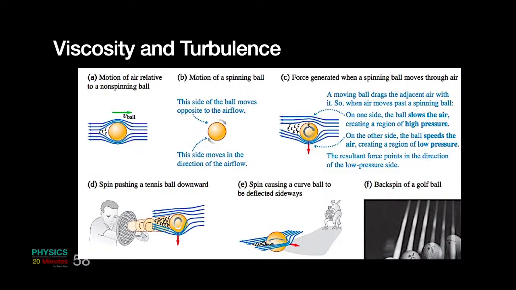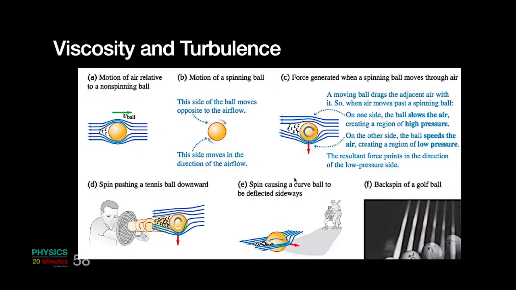Because of this pressure difference, it gives a downward push to the ball. And this is what happens in a typical topspin tennis shot or a typical topspin shot in table tennis. So the ball spins, goes up and drops very quickly. Some of the cricket spinners also are able to achieve this.